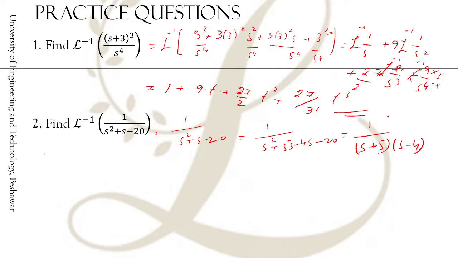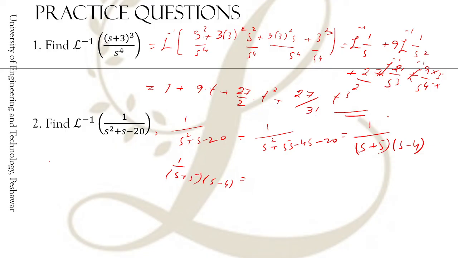And then again using partial fractions, this can be written as 1 over s plus 5 into s minus 4 by using the cover up method.